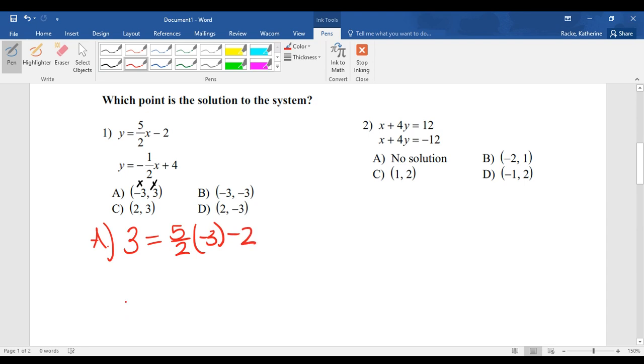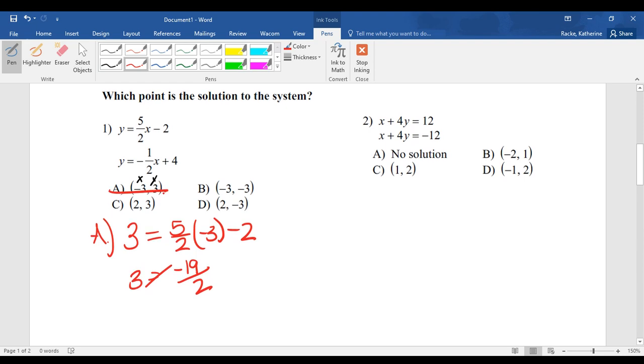So now I'm going to multiply that. If I plug 5 halves times negative 3 minus 2 into my calculator, I would get negative 19 over 2. As you can see, 3 does not equal negative 19 over 2, so A would not be my solution.